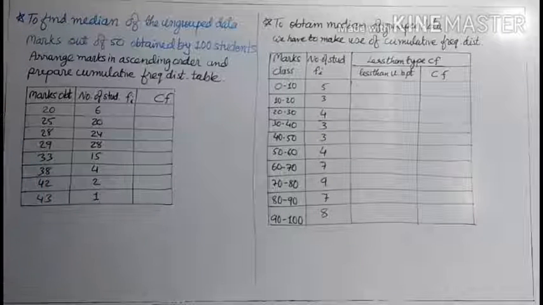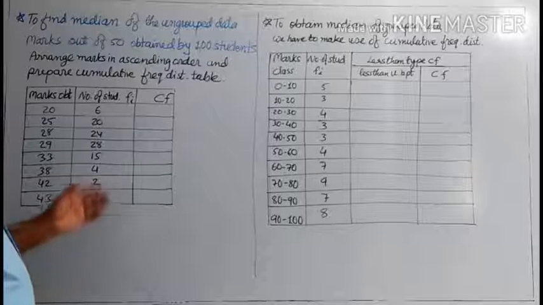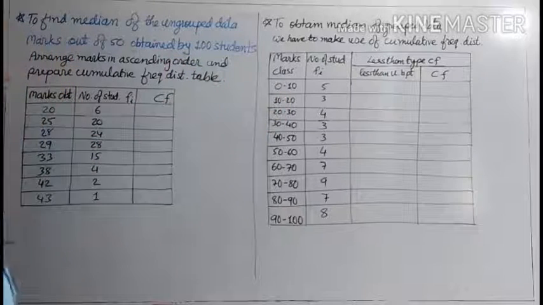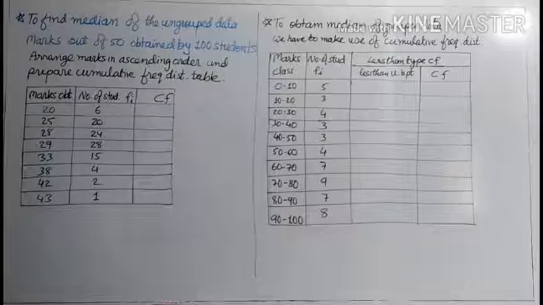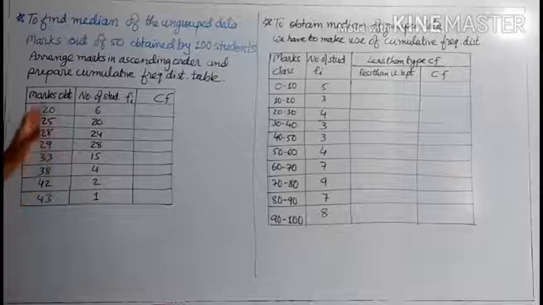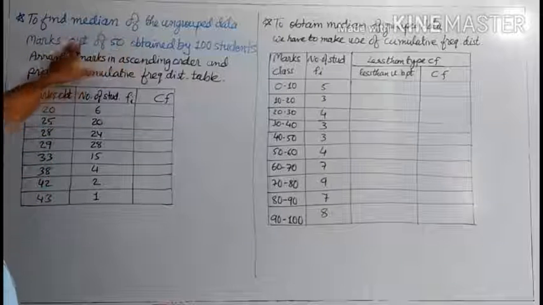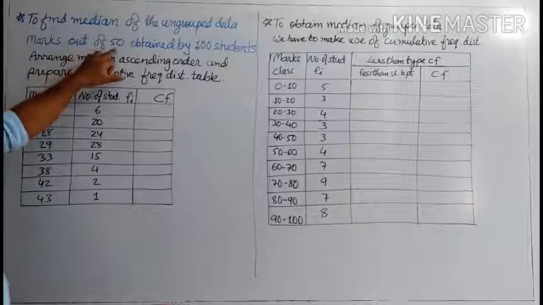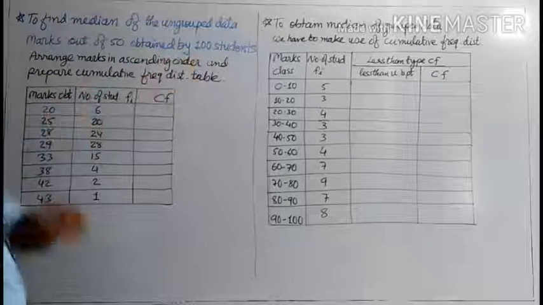Now today let us discuss how to find the median of ungrouped data and then grouped data by taking an example. First, let us find the median of the ungrouped data. Here data is given: marks out of 50 obtained by 100 students.